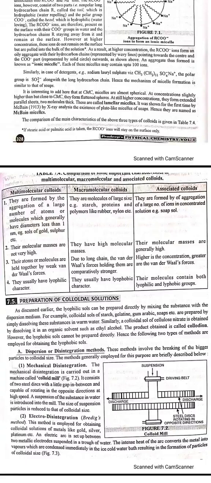Multimolecular colloids are formed by the aggregation of a large number of atoms or molecules and generally have diameter less than 1 nanometer, example sols of gold, sulfur, etc. Macromolecular colloids are molecules of large size, example starch, proteins, and polymers like rubber, nylon, etc. Associated colloids are formed by aggregation of a large number of ions in concentrated solution, example soap solution.